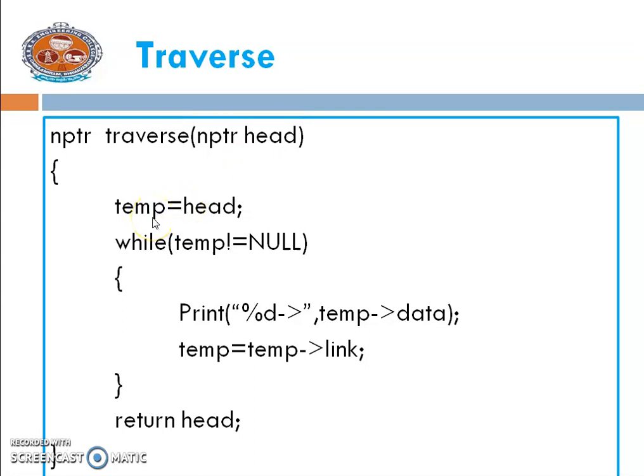We are using a temporary variable to traverse the list from head to the last node. In this while loop, we are traversing each and every node and displaying the data of temporary variable and moving to the end of the list.